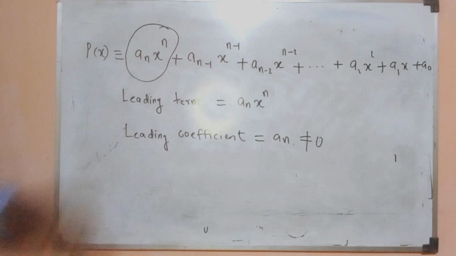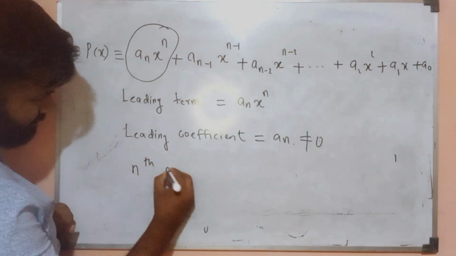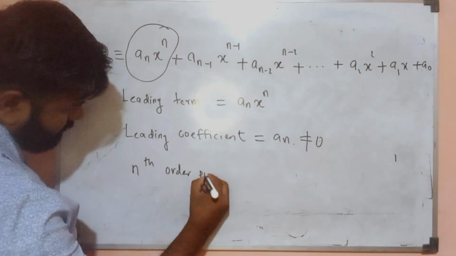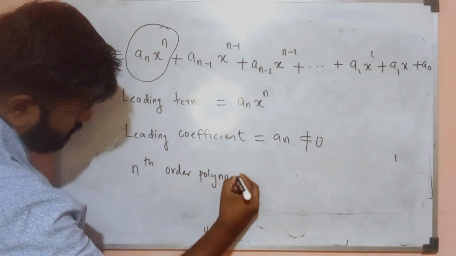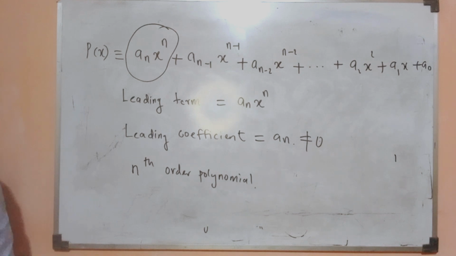We call this polynomial an nth order polynomial. You have to see what the highest exponent is. If you know the highest exponent of a polynomial, you can say which order it belongs to.